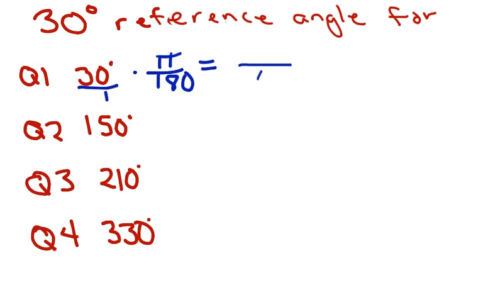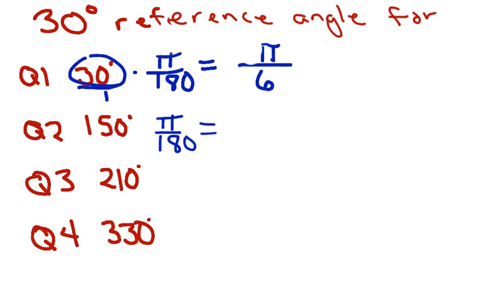And there's 6. Leave the pi on top. And how many 30 degrees are in 30 degrees? 1. So there's the 1 there. You can put the 1 there, but I'm going to erase it because that doesn't look good. Alright, so for the 150 degrees, we're going to multiply by pi over 180.